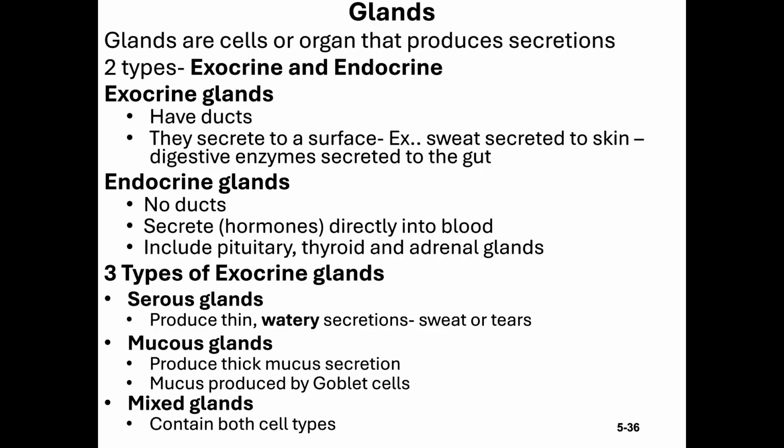If you look at the secretion of exocrine glands, there are three types. There is serous secretion, which is the thin, watery secretion. And then there is mucus secretion, which is a thick secretion. Mucus is thick. And then you have glands which are mixed, which produce both. Most of the glands are mixed.